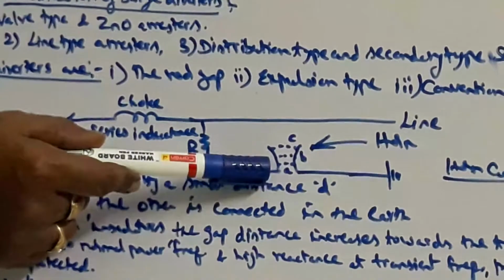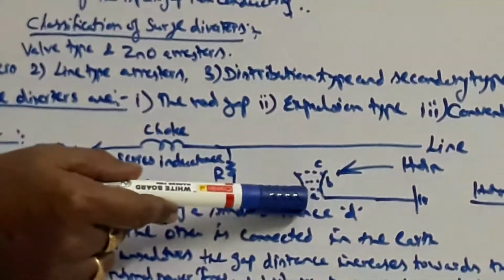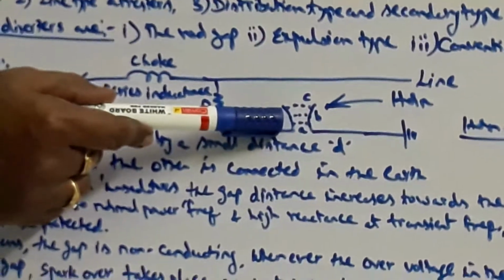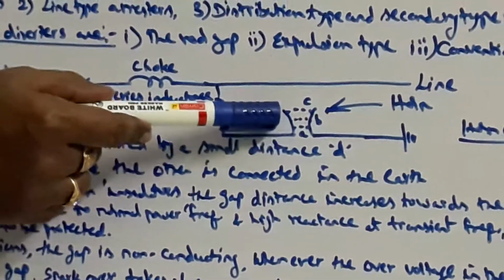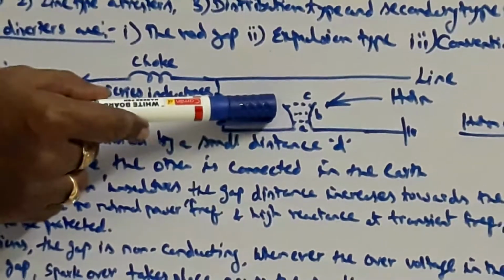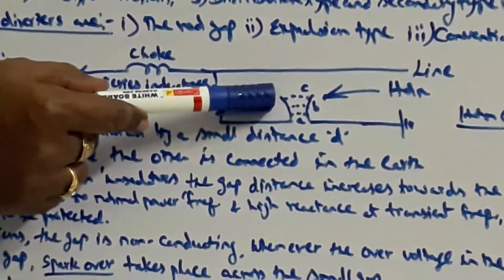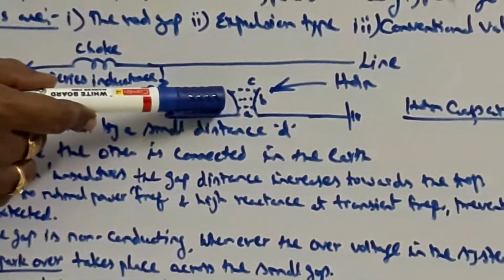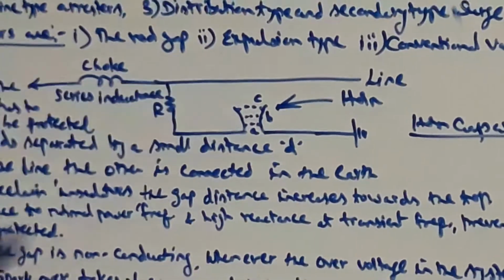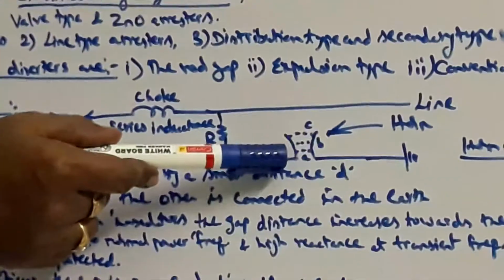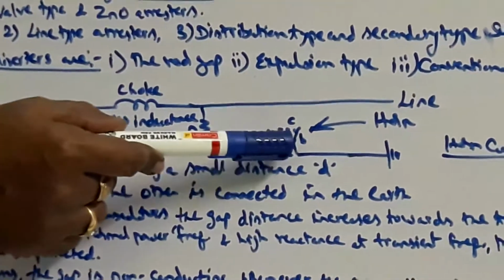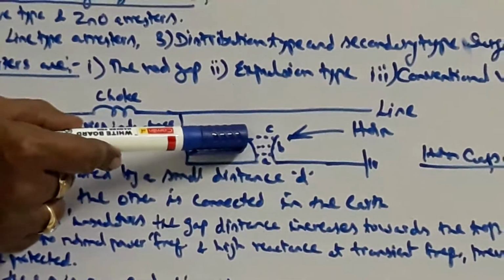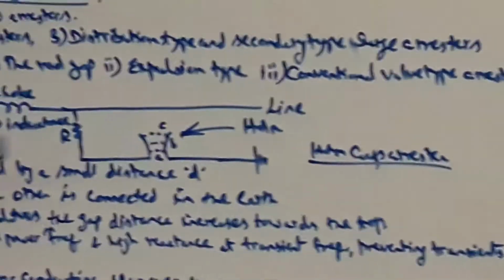Now as you look into the horn gap arrestor, the distance at position A is small, whereas it increases at position B, and when you observe position C, the distance between the two rods of the horn gap arrestor is very large. So as the arc moves towards the top, at position C, the length of the arc increases.